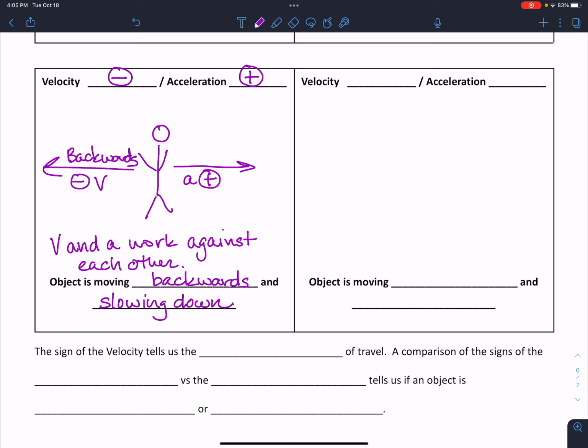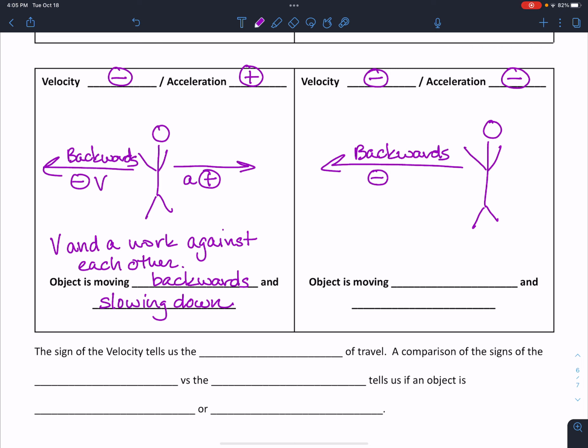Our last scenario is if the velocity is negative and the acceleration is negative. In this case, our friend is moving backwards, and again, we know that because the sign of velocity was negative. But in this case, their acceleration is also negative.